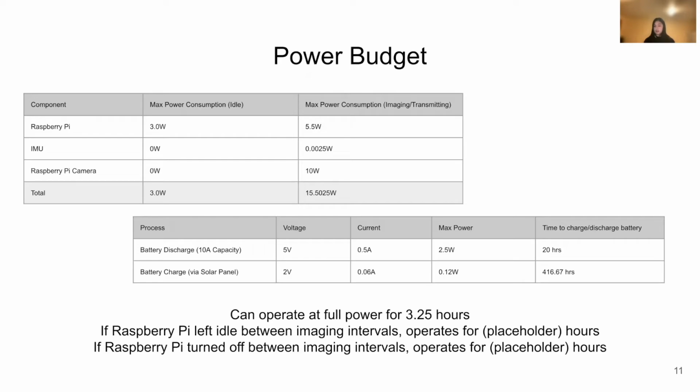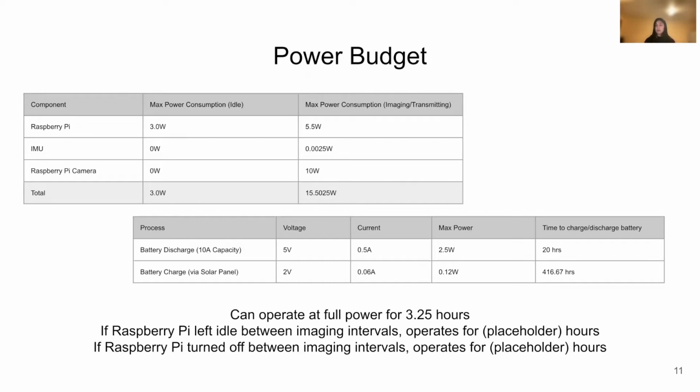And so we thought the solar panel would offset that energy consumption a lot to make that battery last longer. But with only one solar panel and a low efficiency, because it's probably not going to face directly at the sun all the time, that's going to offset the battery time at a very low amount.